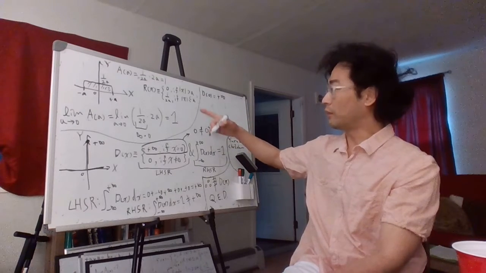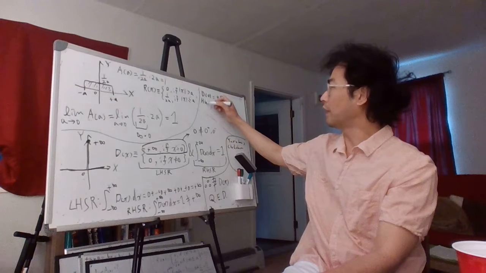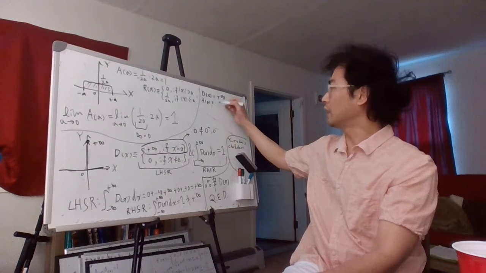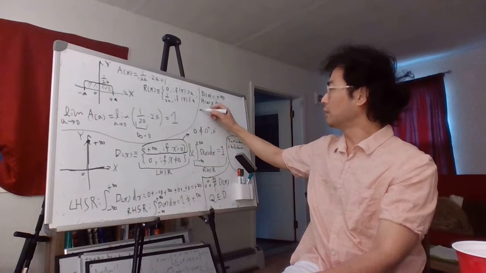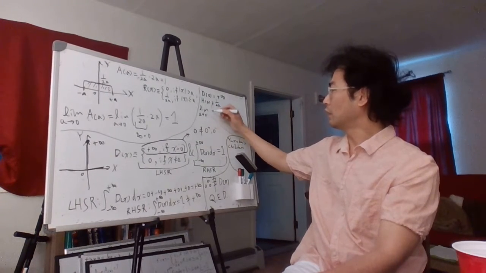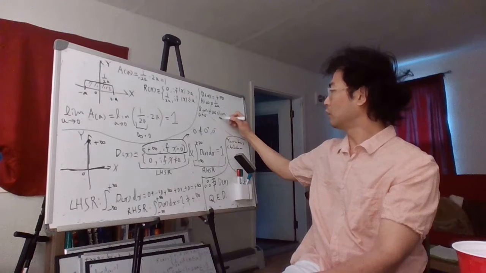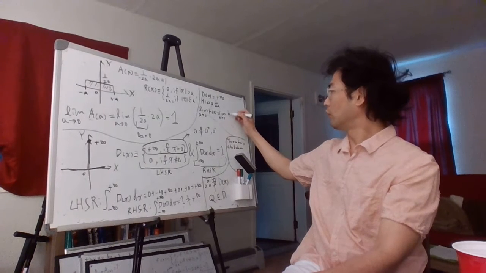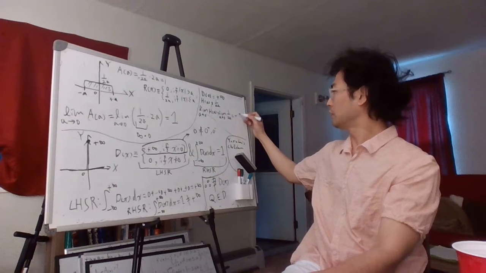You have the height function h of a, defined as 1 over 2a. And the limit as a goes to 0 of h of a is equal to the limit as a goes to 0 of 1 over 2a, which is positive infinity.